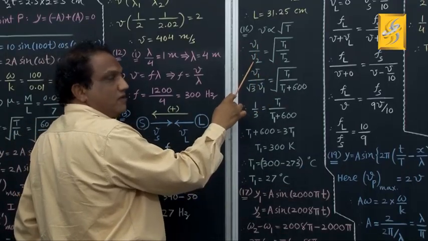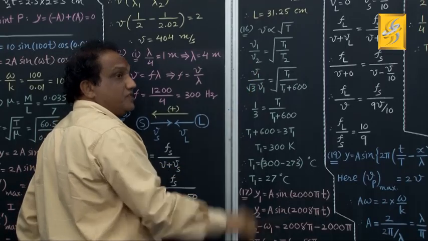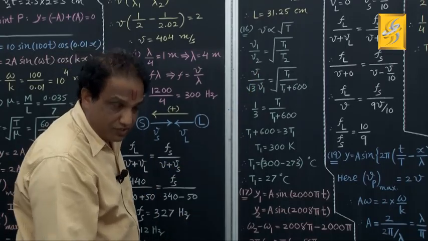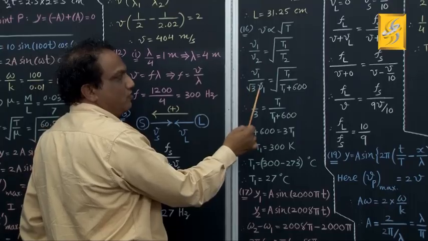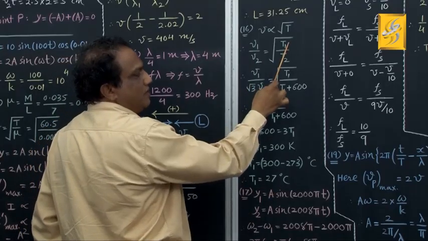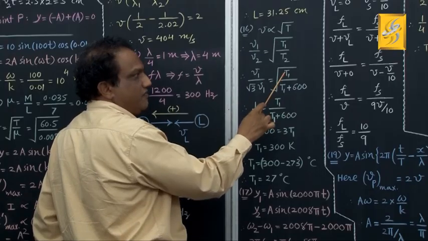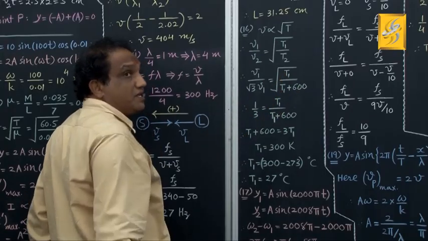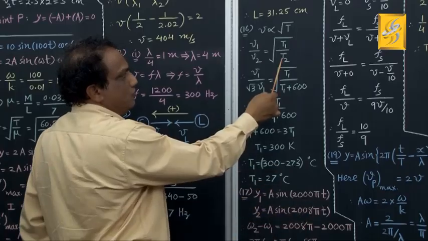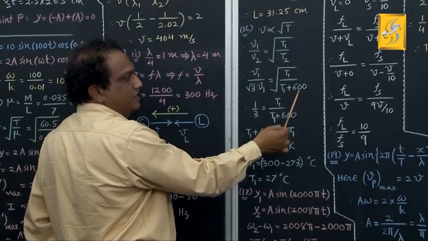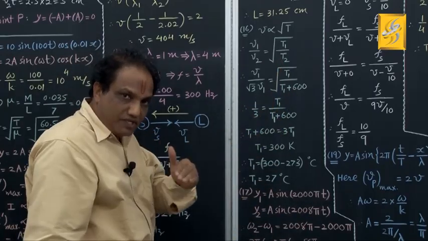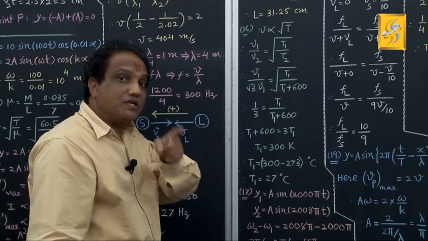The second velocity they have given is root 3 times the first velocity. So V2 is root 3 into V1. First absolute temperature T1 as it is. The second absolute temperature is greater than the first temperature by 600 Kelvin. So T2 they have given is T1 plus 600. Correct? The second temperature is higher than the first by 600 Kelvin.